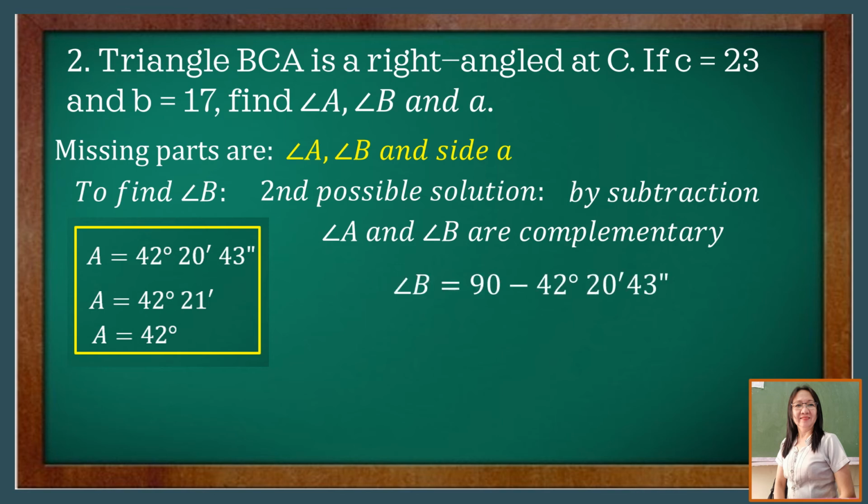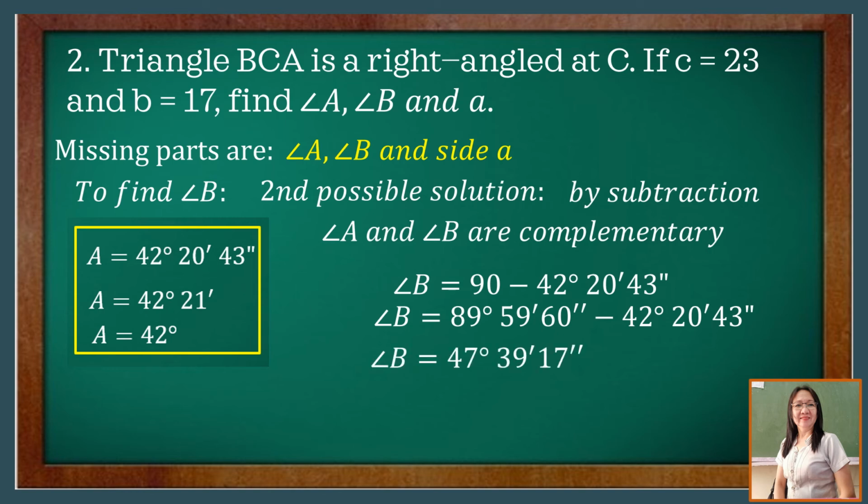Therefore, we can find angle B by subtracting the value of angle A. So here we have 90 minus 42 degrees, 20 minutes, and 43 seconds. Since it is impossible using this pattern, we are going to borrow 1 degree, and that is equivalent to 59 degrees and 60 minutes. Now we can solve them one by one.